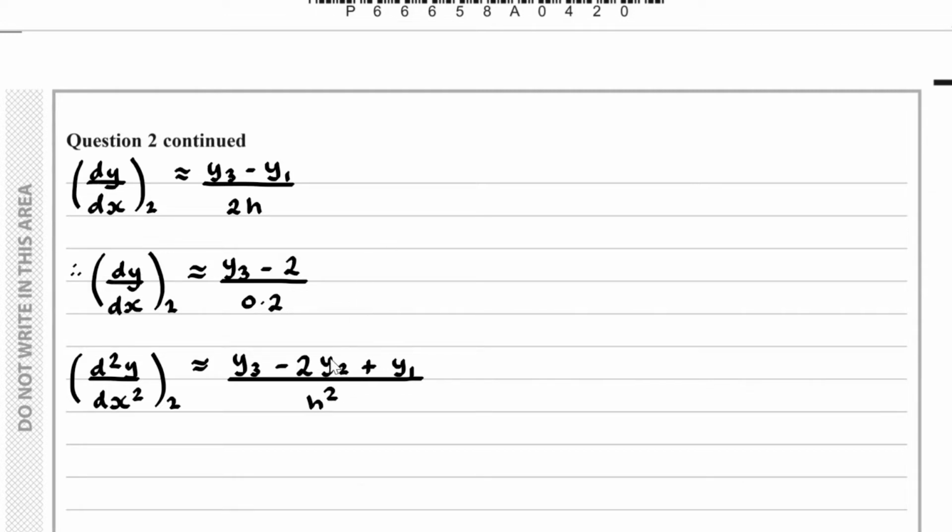We have just worked out what y2 is, we know what y1 is, we know what h is, and so we can simplify this even further.